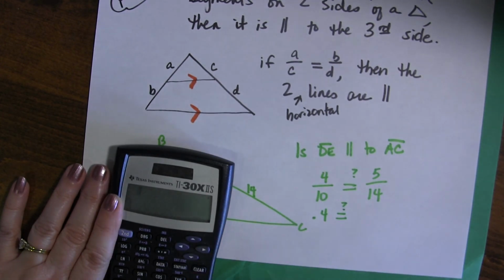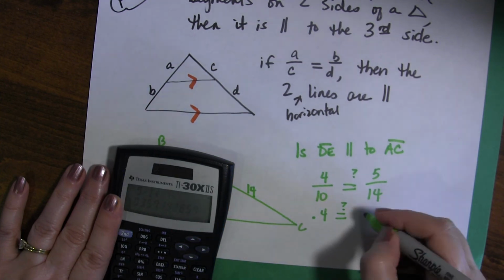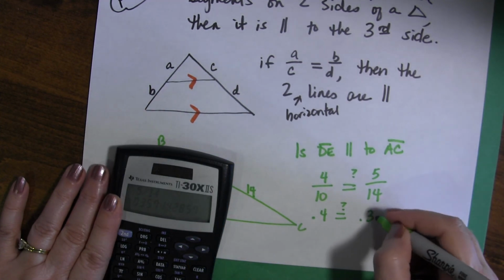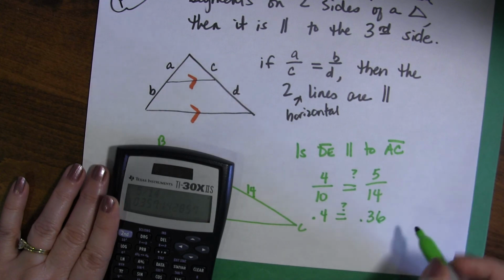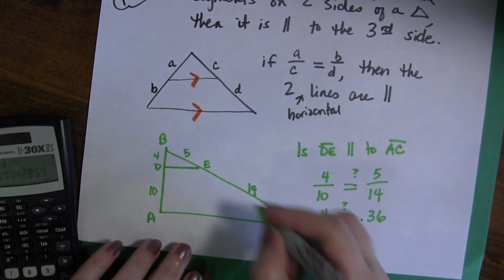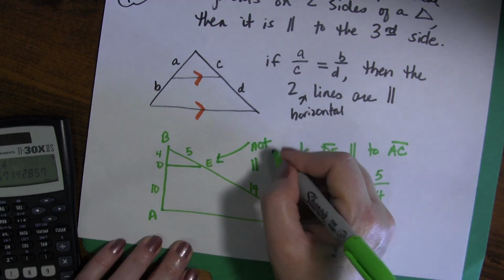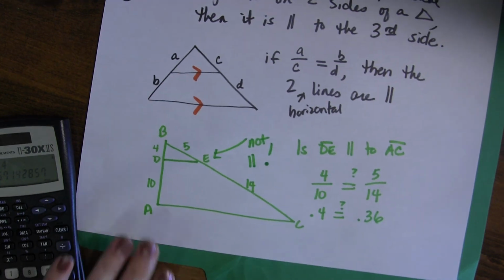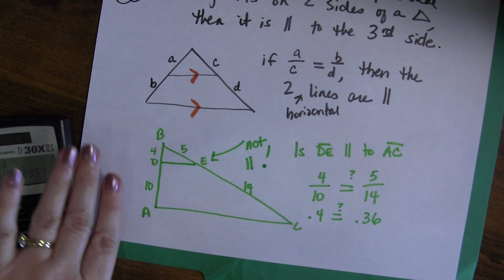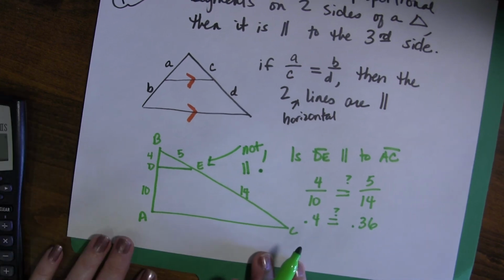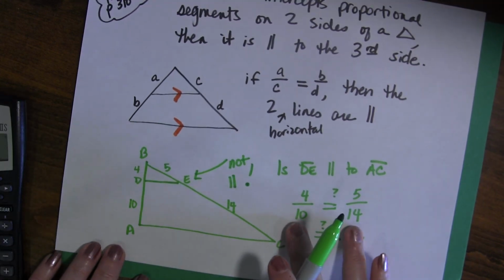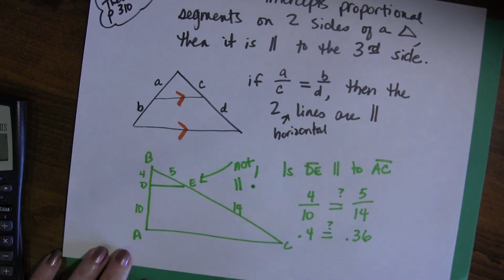Does that equal 5 divided by 14? No, because that's 0.36, let's say. Not the same, not parallel. So that's how we could use our CGCM theorem. If the two ratios were equal, then we would know that that line was parallel.